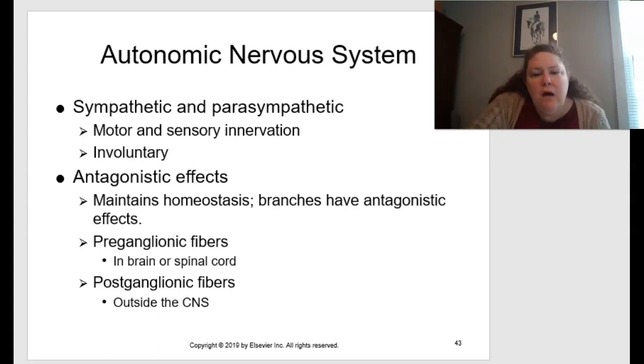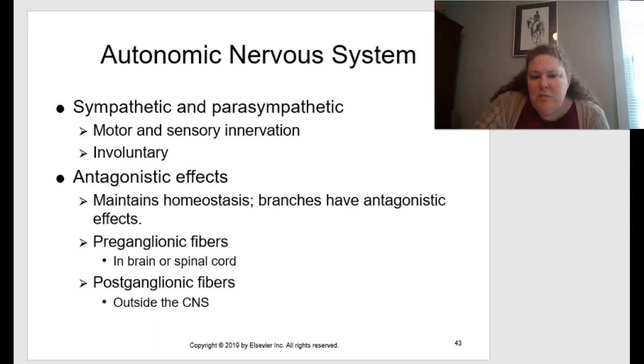Okay. Anyway, the autonomic nervous system has both sympathetic and parasympathetic areas. They have motor and sensory innervation, and these are involuntary, so they happen without us thinking about it. We have antagonistic effects, where they can work against each other.